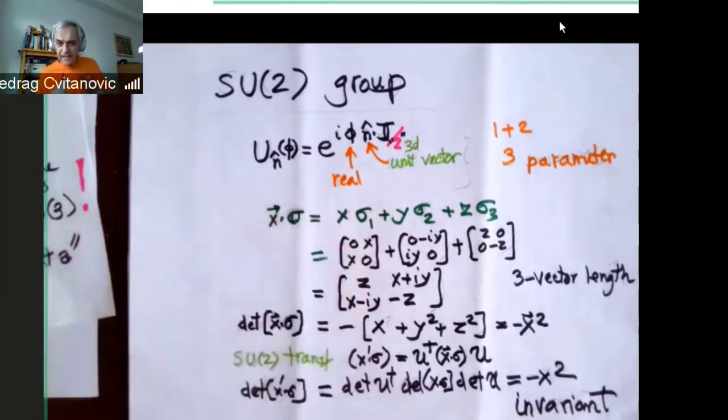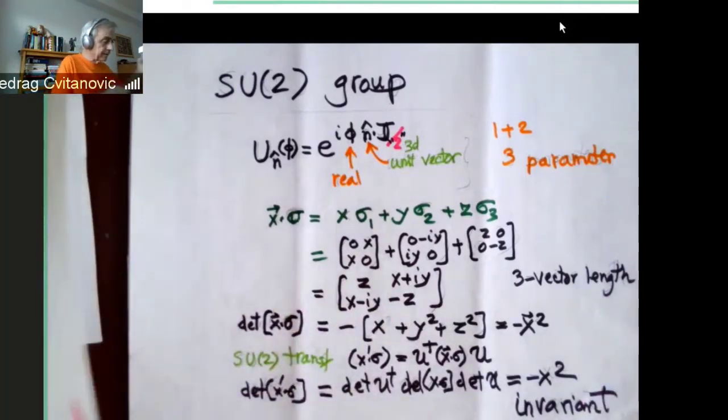So somehow hiding in this 2-dimensional world of complex numbers is the 3-dimensional rotation group, because the 3-parameter rotations preserve lengths, constructed in this particular way.